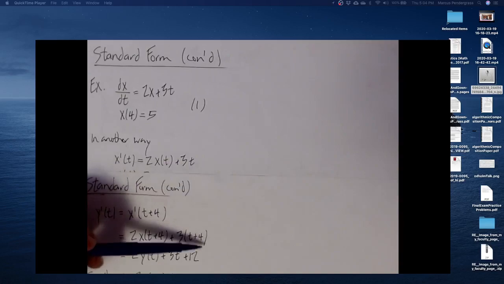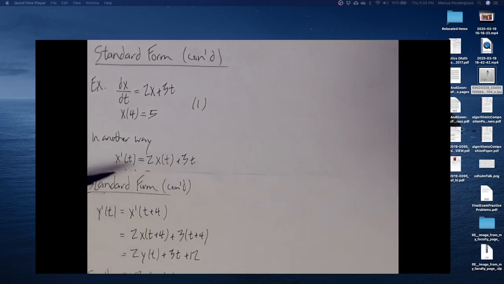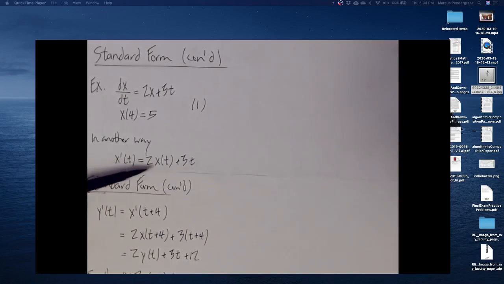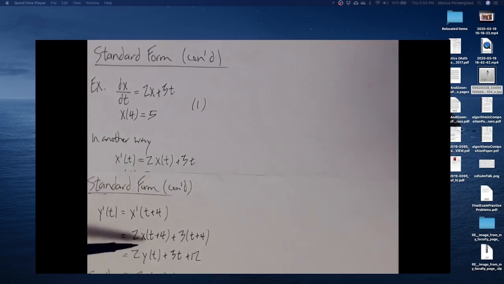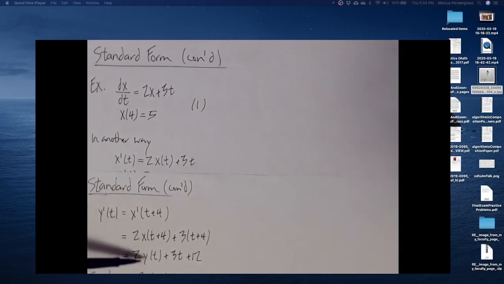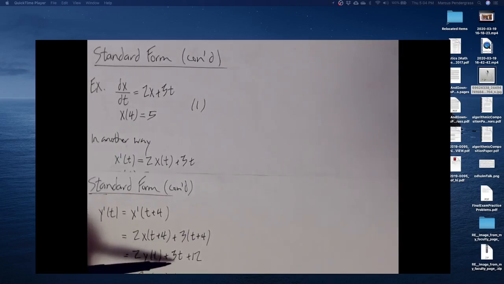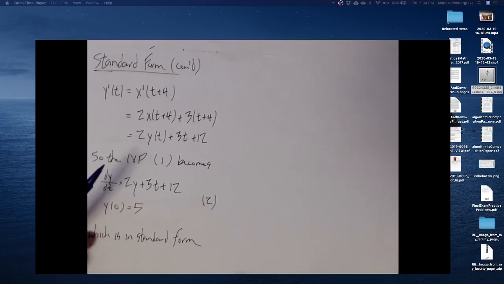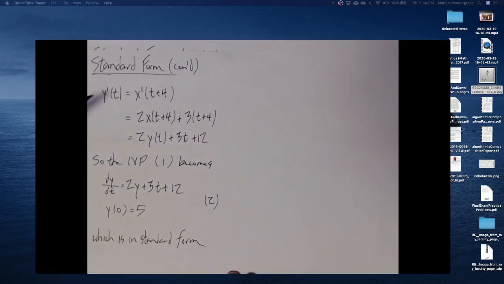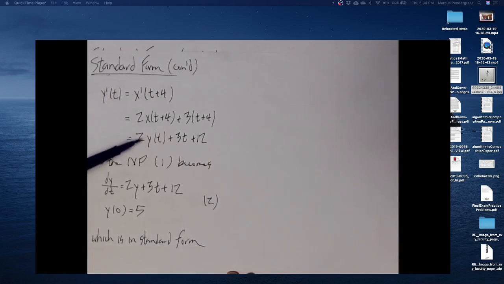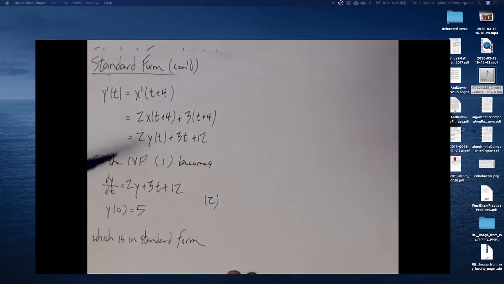We're just plugging in t plus 4 for t. Of course, x of t plus 4 is y of t, and 3 times t plus 4 expands to 3t plus 12. So y prime of t is 2y of t plus 3t plus 12.